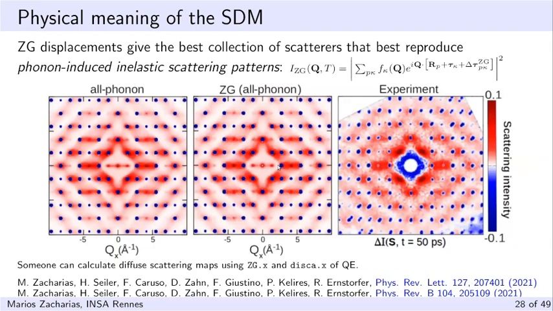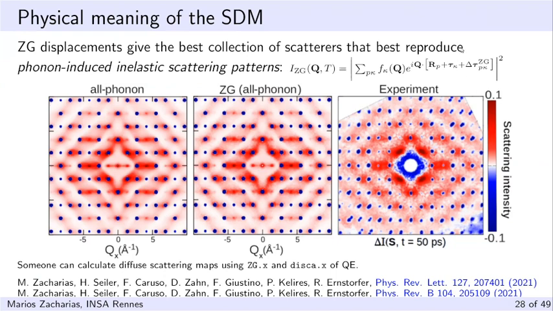So if we want to compute that using the special displacement method, we just need to open our undergrad solid-state physics book and implement this structure factor basically here. This structure factor performs a summation over all atoms in the supercell, and here we have the standard atomic structure factor, and this phase factor is the one which determines the scattering intensity. If we forget about the ZG displacements here, we'll have only elastic scattering, and we'll have only the blue dots.